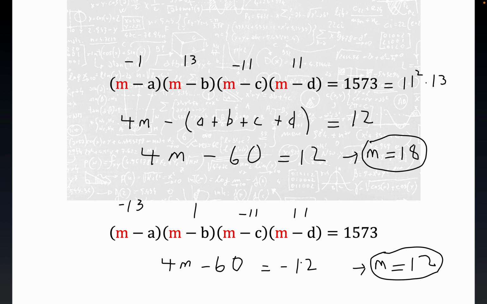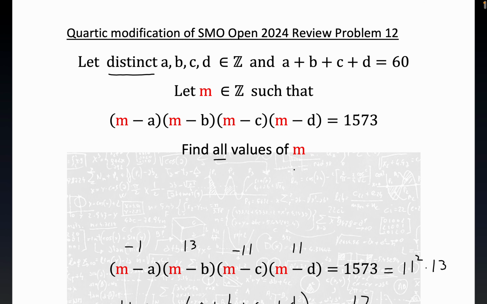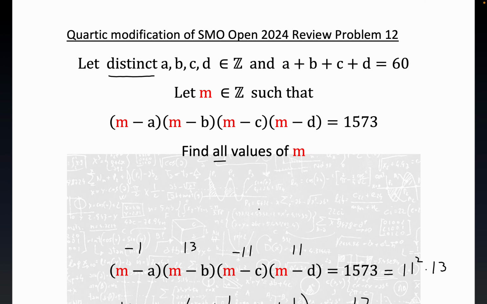Notice you could find the a, b, c, and d values, but it's not necessary. They will be different down here than up here. But you didn't have to find those as far as what the question asked for. So let me know if you find any others, but I got m equals 18 and 12.